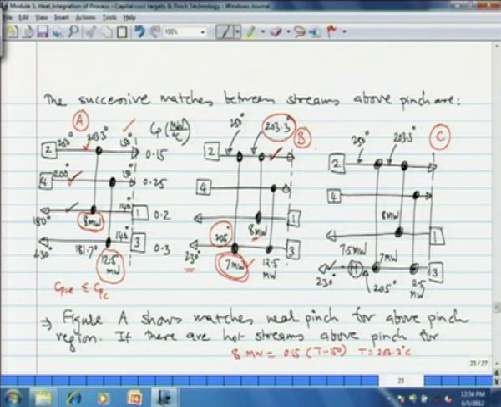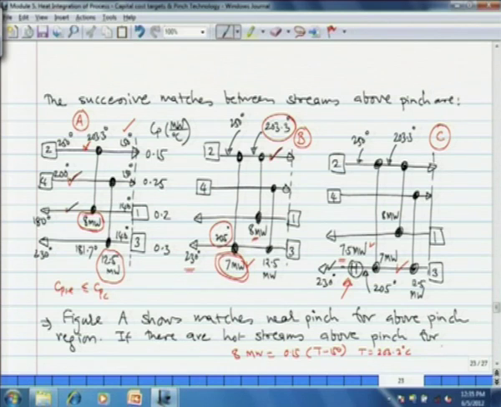And now, we have absorbed all of the heat from hot streams above pinch region into cold streams. We have no more heat surplus above pinch region. Therefore, the surplus heat requirement of stream 3 can be met with hot utility. We still require 7.5 megawatt of heat on stream 3, which can be met with hot utility, and therefore, we now place a heat exchanger between stream 3 and hot utility, that is steam, which has a capacity of 7.5 megawatt, and now the last stream, that is stream 3, is also ticked off.